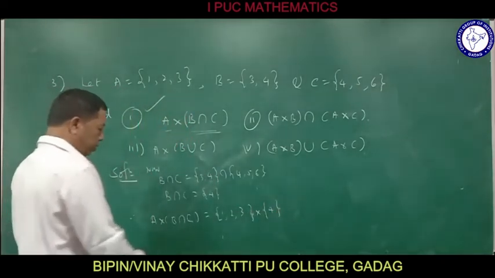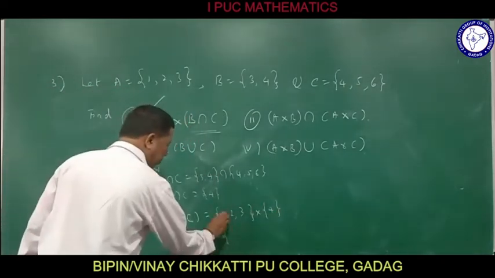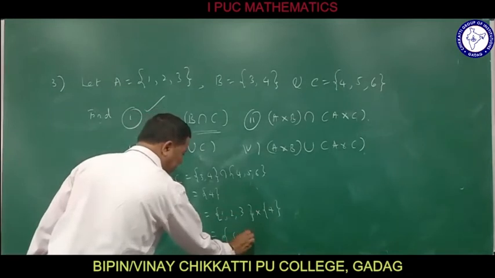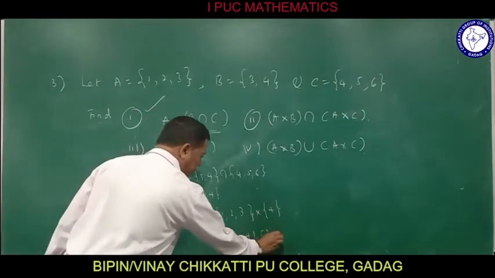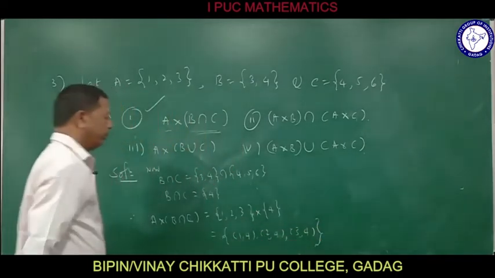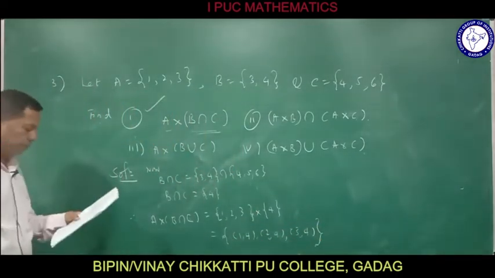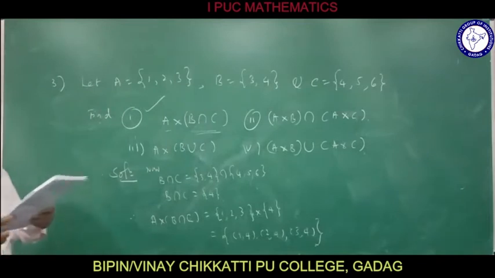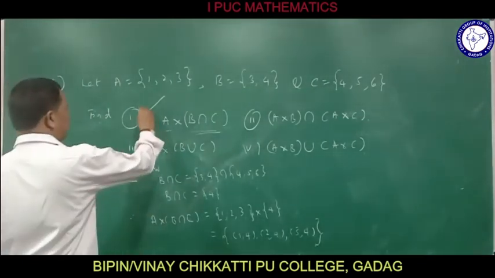So their product you can find out: (1, 4), (2, 4), (3, 4). Yes, this is the answer for the first question, A cross (B intersection C). So this is over.